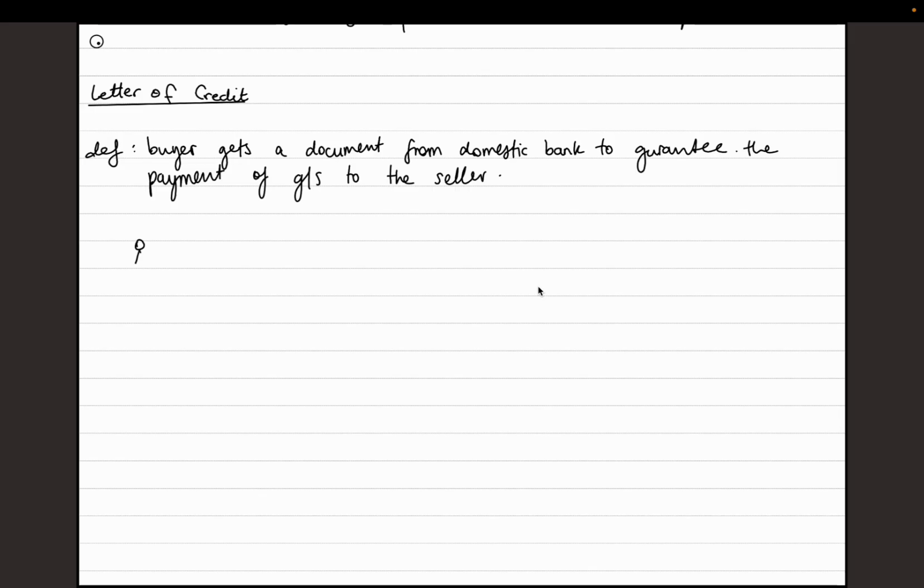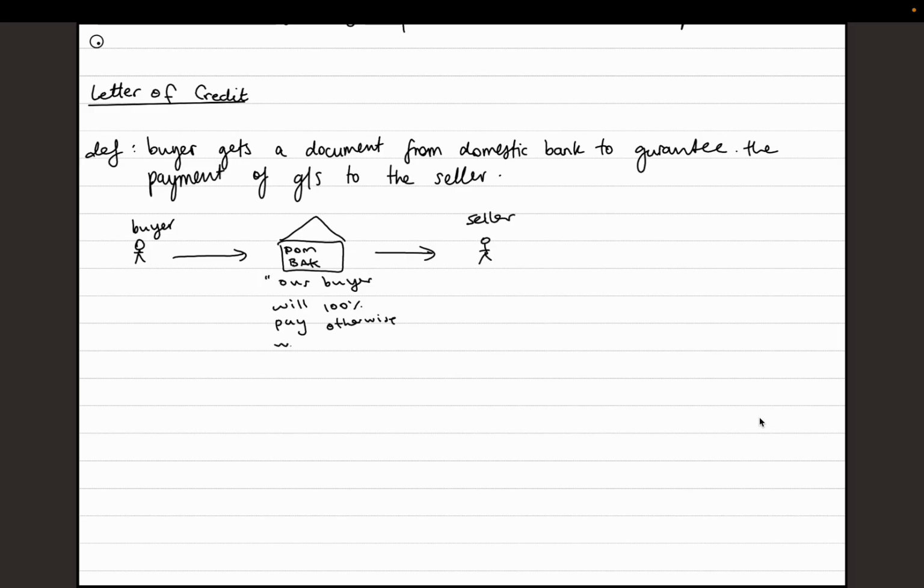So this guy is the buyer, and he's like, oh, Mr. That's not really a bank. Yeah. So they get the domestic bank to tell the seller that our buyer will 100% pay you, otherwise we will cover it.